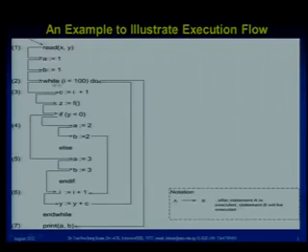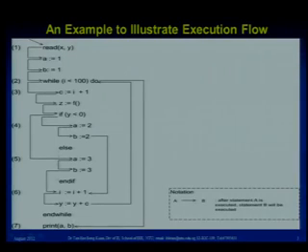When you execute the fourth statement, it's no longer sequential. It depends on whether this condition is satisfied. If it's satisfied, it will flow to here and you will execute this statement. If it's not satisfied, you will go to the statement immediately after the loop.